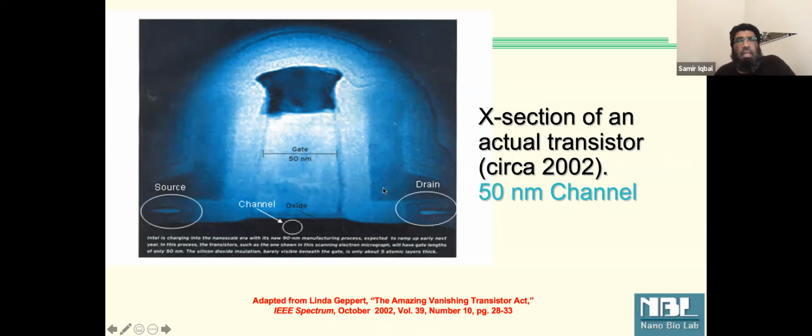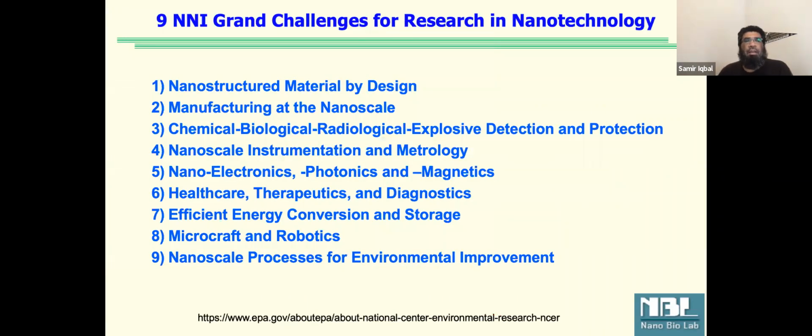All right. So we looked at it, it started around the start of this century, but today we still have many challenges. The National Nanotechnology Institute has come up with some grand challenges for us, where we are still lagging behind, and we may have some big breakthroughs that can come from nanoscale or nanotechnology.